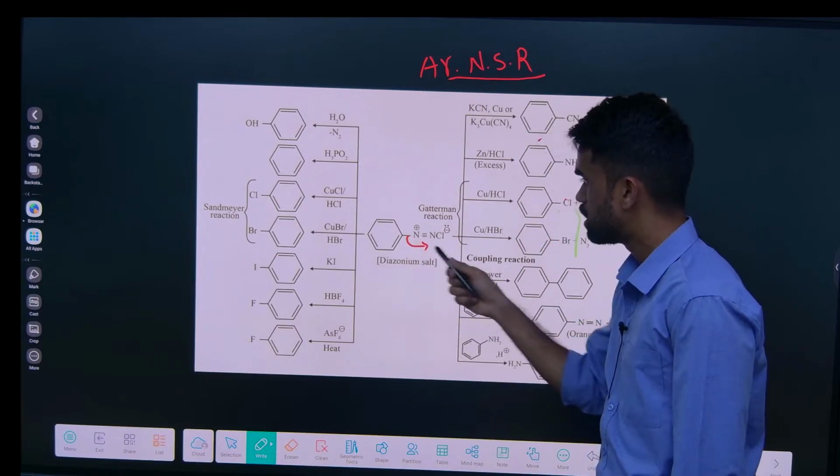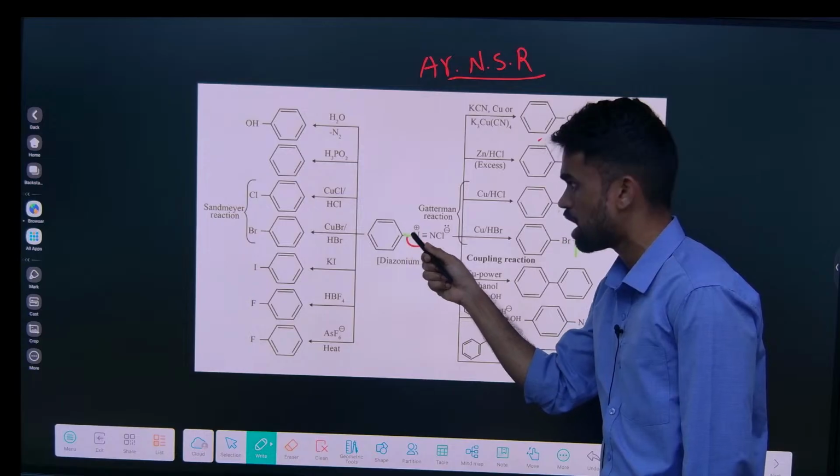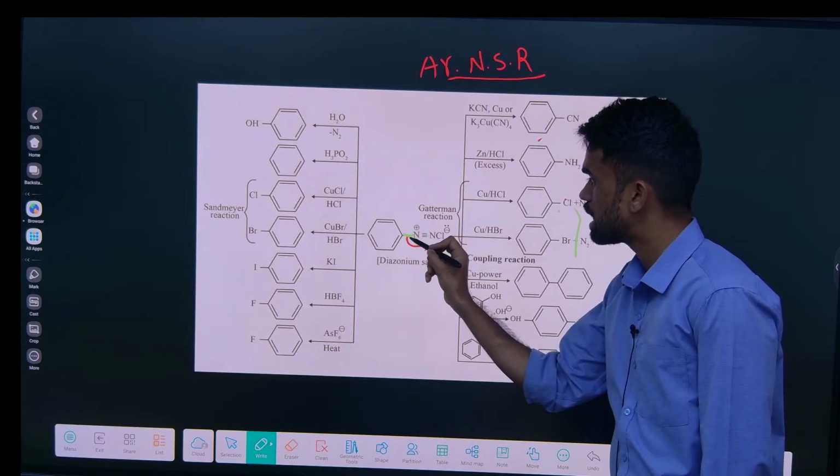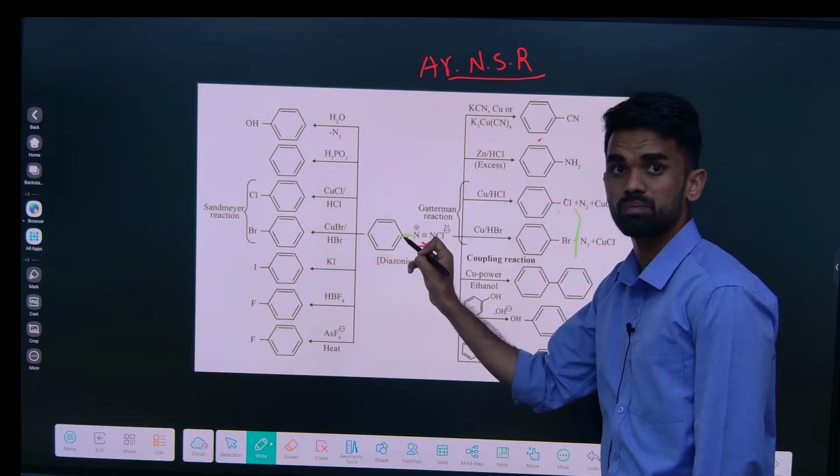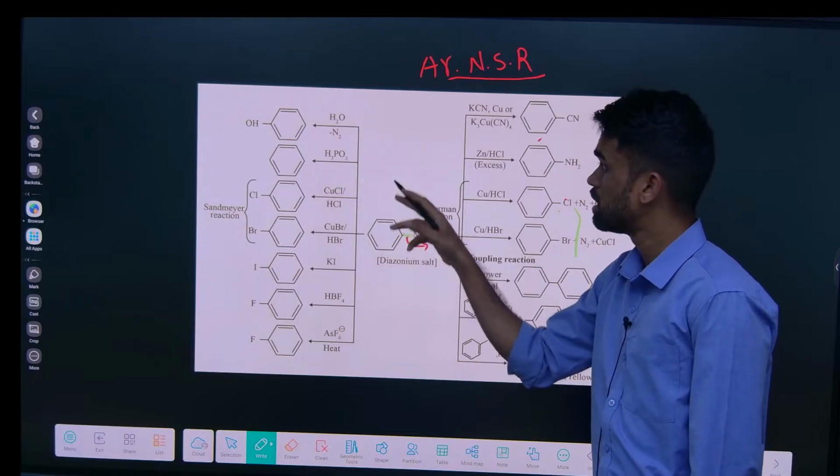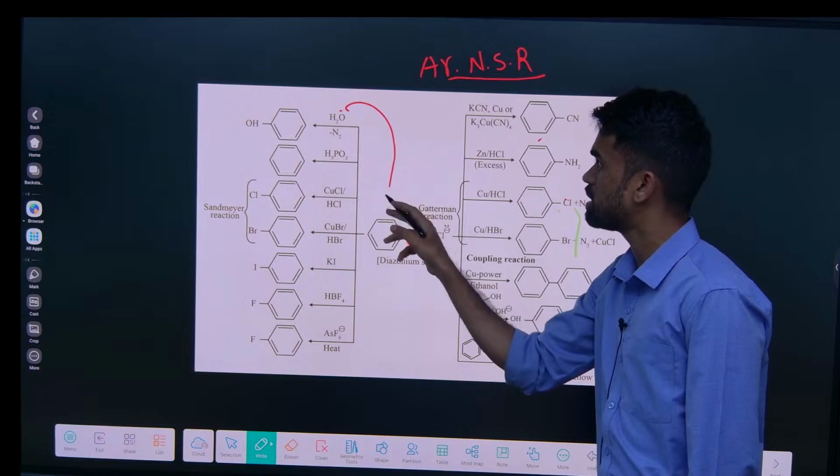N2 is going out by taking the sigma bond from the carbon of the phenyl ring, creating a positive charge on the benzene ring. Then H2O attacks the phenyl ring, which means it is a nucleophile.